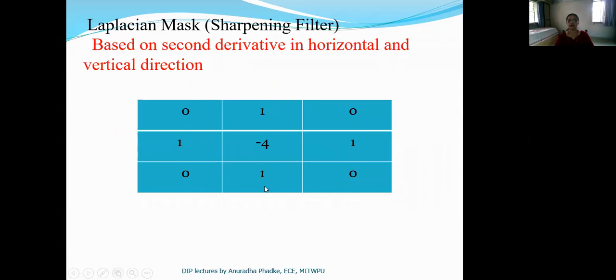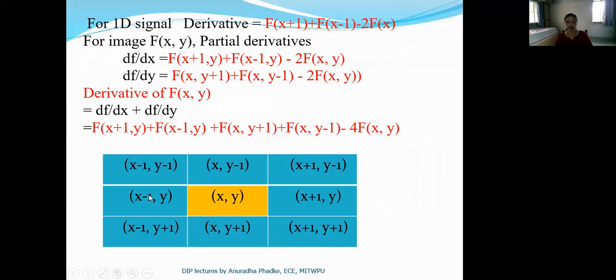Now, in this case we have considered transitions in gray shade along the horizontal direction and vertical direction. In addition to these, there might be gray level transitions along the diagonal direction, the plus 45 diagonal direction as well as the minus 45 diagonal direction.